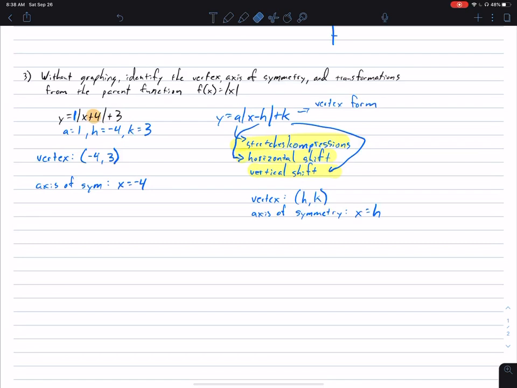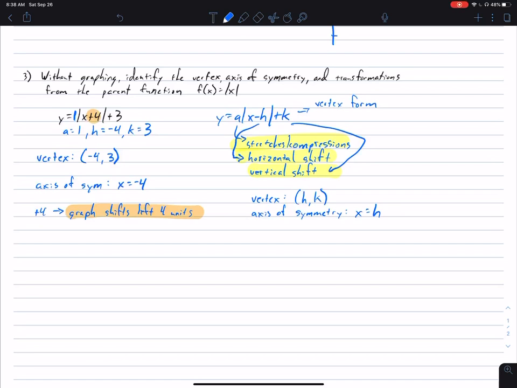So a plus 4 actually tells you that the graph shifts left 4 units or 4 places.